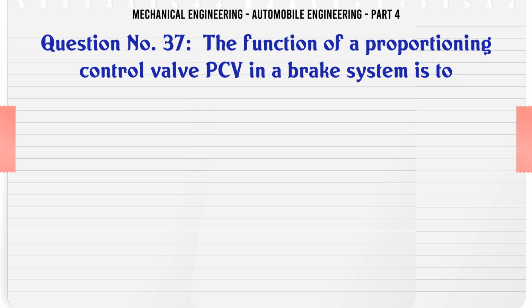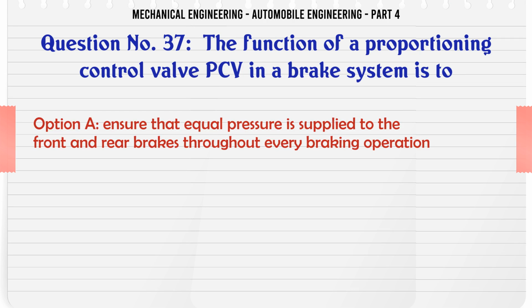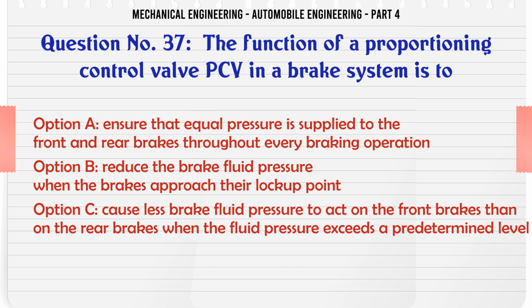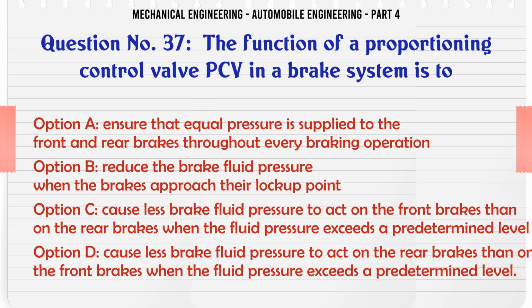The function of a proportioning control valve (PCV) in a brake system is to: A. Ensure that equal pressure is supplied to the front and rear brakes throughout every braking operation. B. Reduce the brake fluid pressure when the brakes approach their lockup point. C. Cause less brake fluid pressure to act on the front brakes than on the rear brakes when the fluid pressure exceeds a predetermined level.